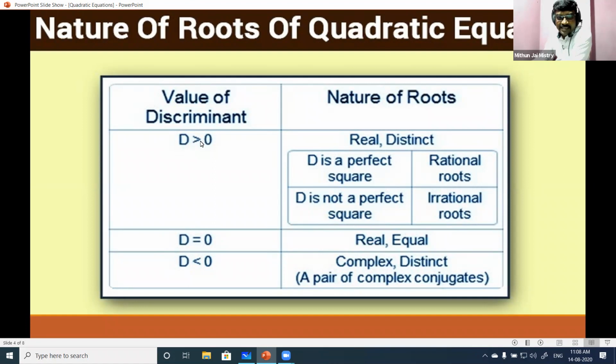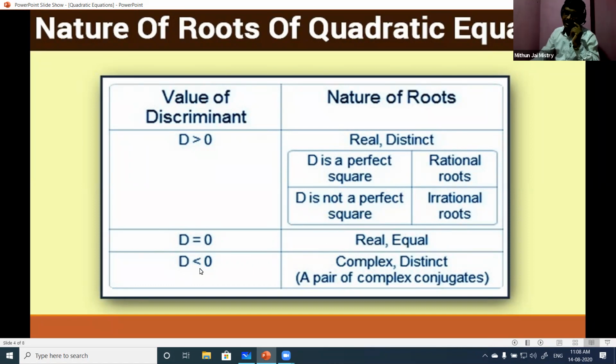If b square minus 4ac, delta, is greater than 0, that is, if the discriminant is a positive number, then the roots will be real and different. In the same manner, if the discriminant is equal to 0, then the roots will be real and equal.